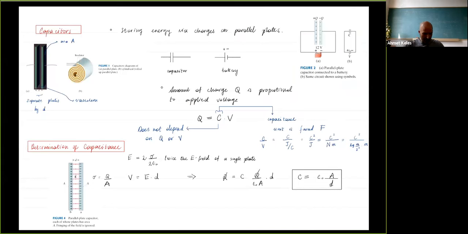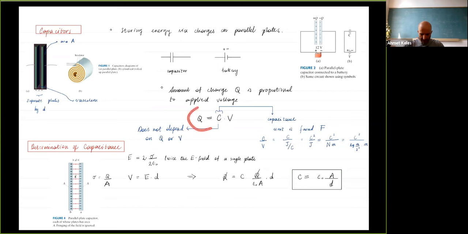On Monday, we introduced these parallel plates, which we worked with previously to find the electric field. And we called them capacitors. And we said they could be used for things like energy storage in circuits. The amount of charge on a capacitor was proportional to the voltage it was under.